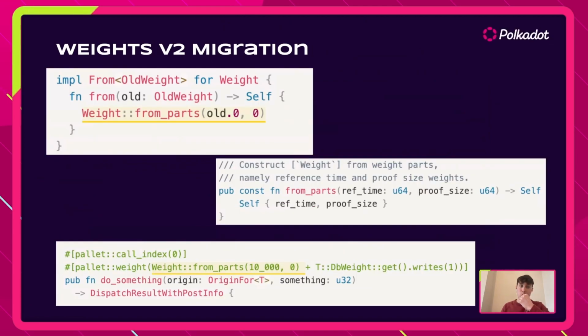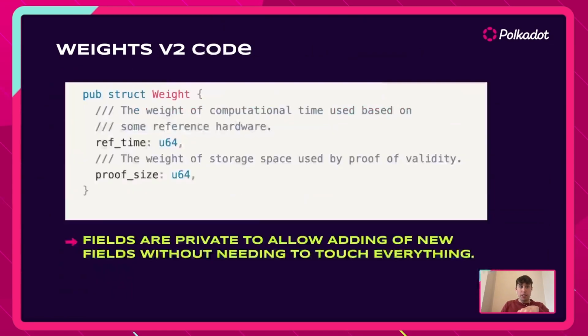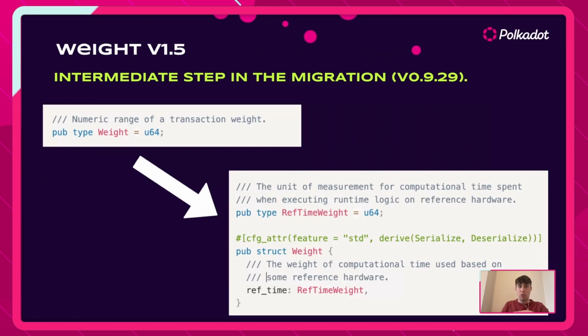Another thing to do the migrations was this function that we have here, which was the conversion from an old weight to a new weight. The old weight here means the 1.5 that we mentioned, where we already have the struct weight, but we only have one dimension, the ref time.